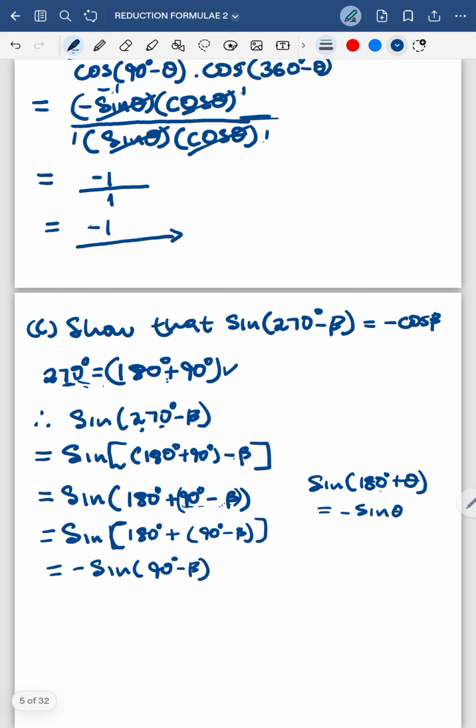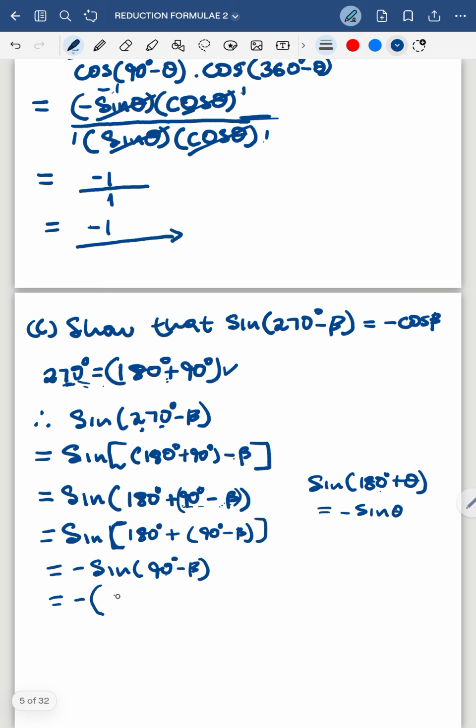Now this is the cofunction. 90 degrees minus beta is in the first quadrant, so it's positive.